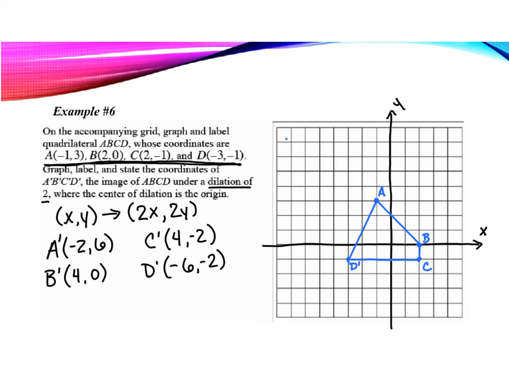They got larger by a factor of 2, so it doubled in size. And that is what a dilation is, or in this case, an enlargement. I believe one of your problems, when you get to the dilation portion of your homework, will have a scale factor between 0 and 1. So your figure is going to get smaller rather than bigger, like this one did.